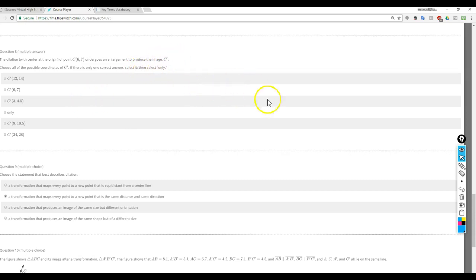Okay, so this image is at 6, 7, so this would have to be 6 and this would have to be 7, and this is C. Now they want an enlargement, and a dilation with an enlargement will take the distance from the center.